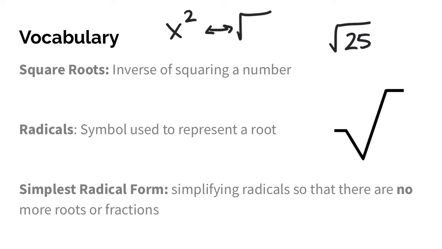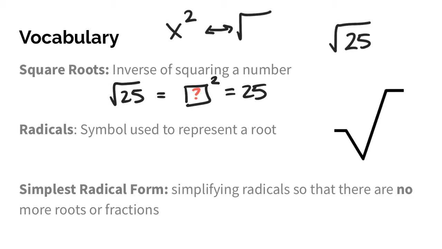When I look at a number like 25 and think about the square root of 25, what I'm really asking is what number squared would give me 25. When I'm solving something by using a square root, I'm just doing the inverse of squaring something. Anytime we want to find the square root, that's the process we're going to think about.